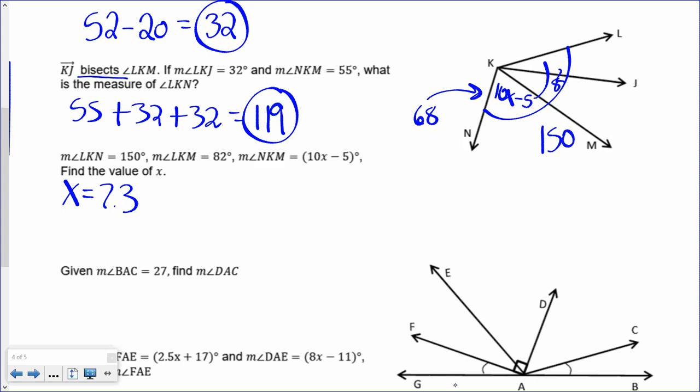You know that 68 and 10x minus 5 are talking about the same angle, so shouldn't they be equal? If they're labeling the same picture, they should be equal. So you do 68 equals 10x minus 5, solve that, you should get 7.3.